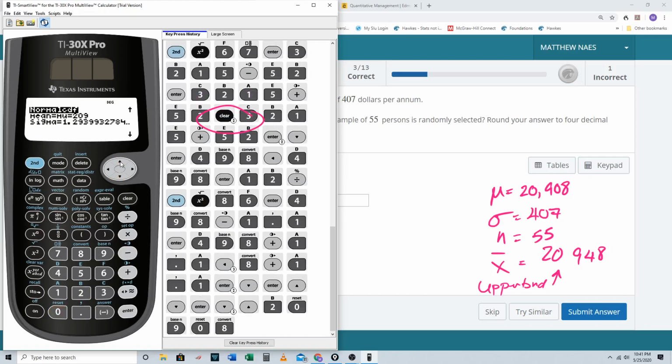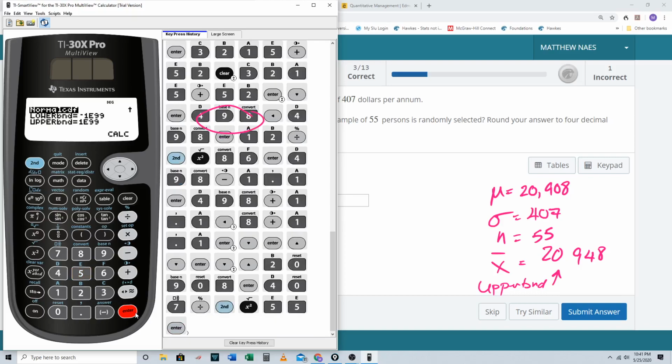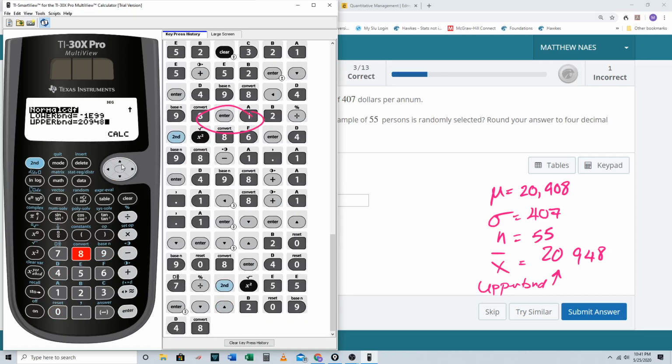20908, 407 divided by the square root of 55, and we're going to change the upper bound, so we leave the lower bound alone. 20948. 0.76695, which means it can become 0.7670.